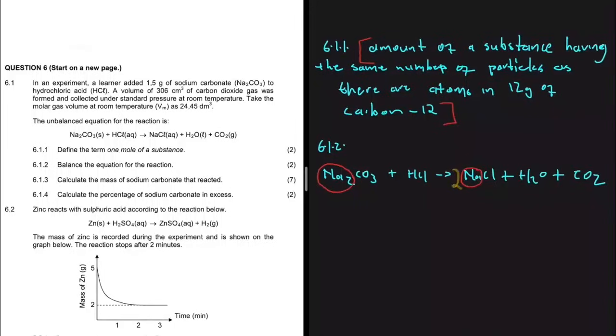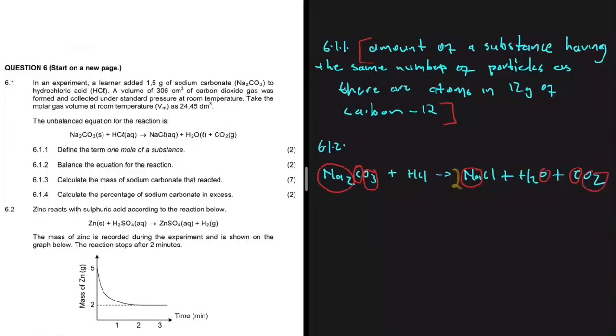So now we can move from Na and go to carbon. On the left hand side, we have 1 carbon atom, and then on the right hand side we also have 1 carbon atom. So the carbon atoms are already balanced. We can move to the oxygen, right? Here we have 3 oxygen atoms, and then on the right hand side we have 1 here and 2 here.